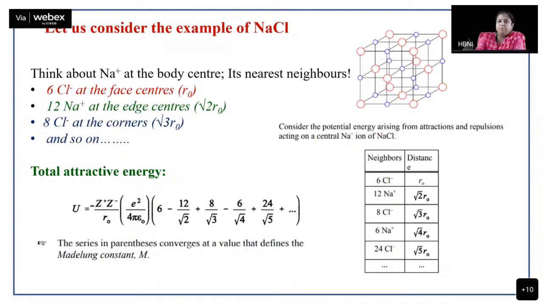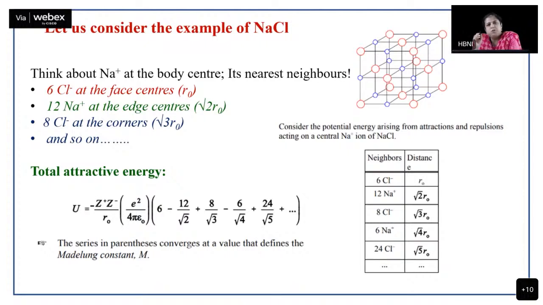Let's say my blue balls are sodium and my red balls are chlorine. Now concentrate on this blue ball. Let me rub it so that you are able to see the blue color. This blue ball is at the body center, and we will just quickly revise our NaCl structure.